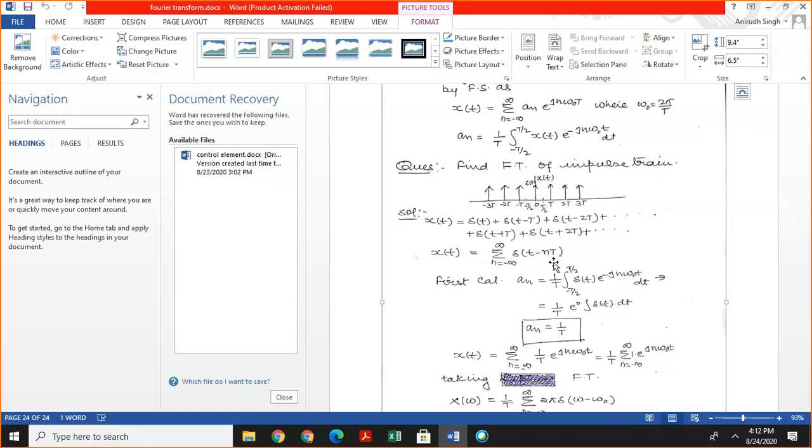Since this is a periodic function, first we calculate the value of a n. a n is given by 1 by T integral of x of t, and x of t is simply impulse function, and this impulse function shifts this function to t is equal to 0. So the value of exponential 0 is 1. The integral of x of t dt is the area of the impulse function, and the area of impulse function is 1. So the value of a n, the Fourier coefficient, is 1 by T.